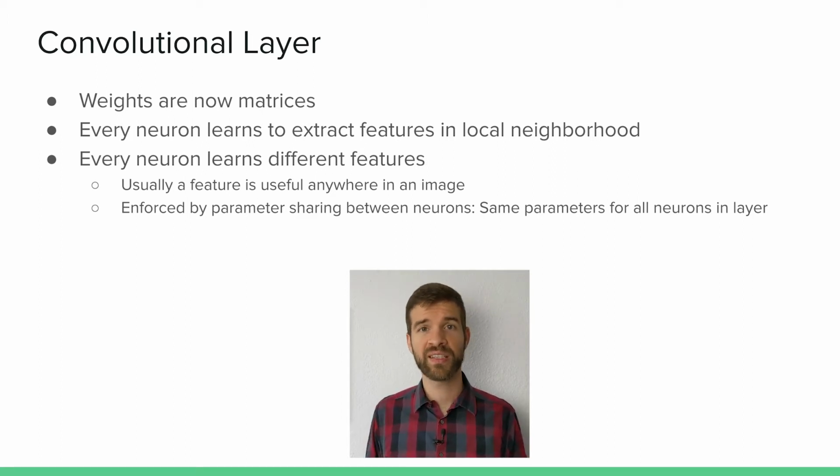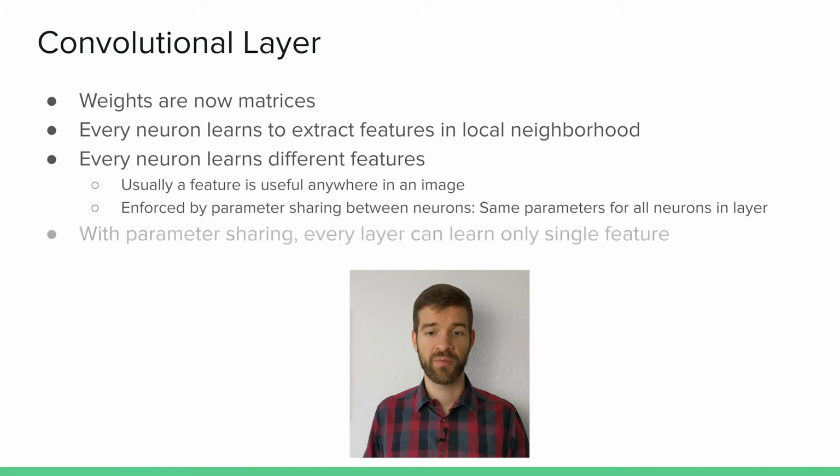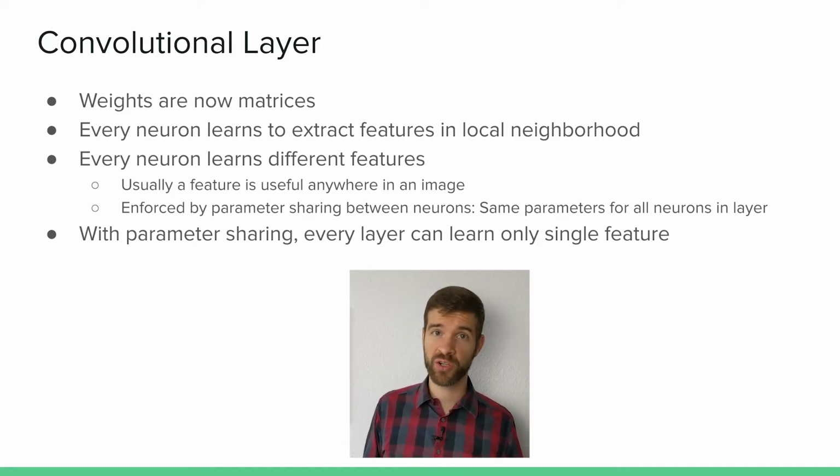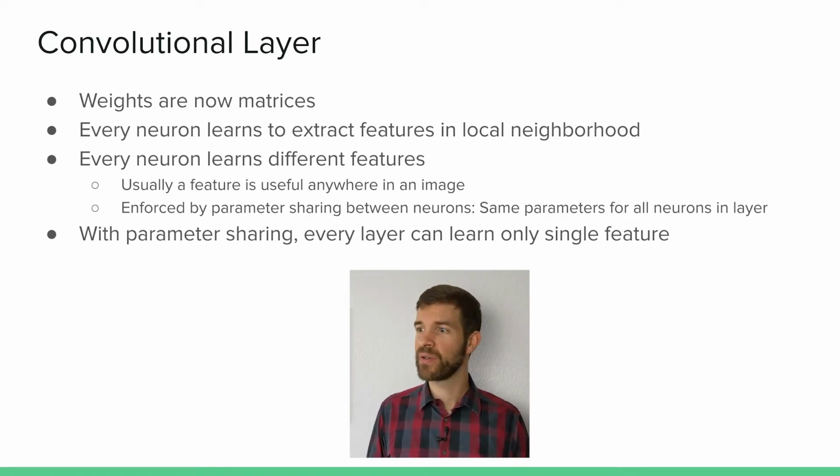We fix this to only have one set of parameters for all the neurons in a single layer. That means each layer in turn can only learn a single feature. Right. But it can learn to extract that feature anywhere in the image, which is good. But now when you think about just having one feature per layer, well, we need a lot of layers to get anywhere.